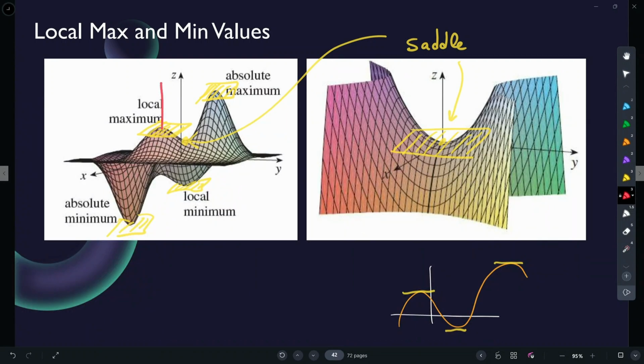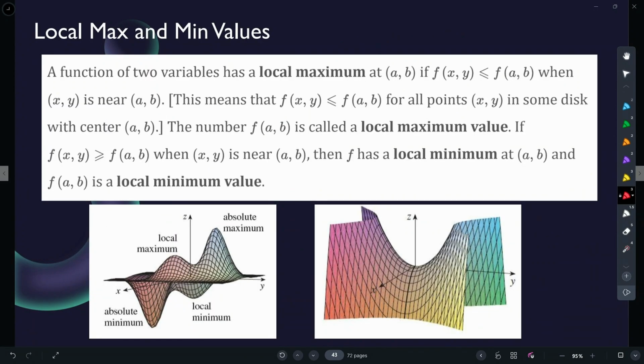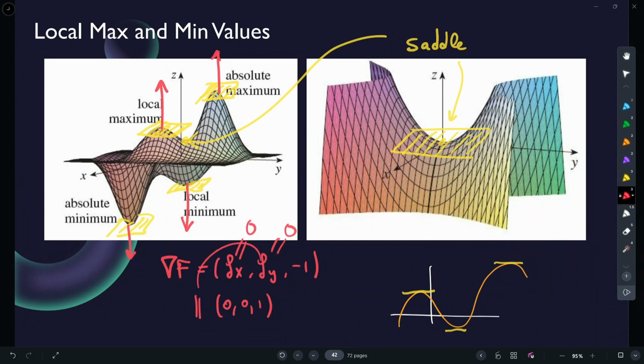We know the normal direction to the tangent plane in 3D is given by the gradient vector that we saw before, which is the partial with respect to x, partial with respect to y, minus 1. And I want this to be parallel to (0, 0, 1). So what I need is actually for these two derivatives to be 0.